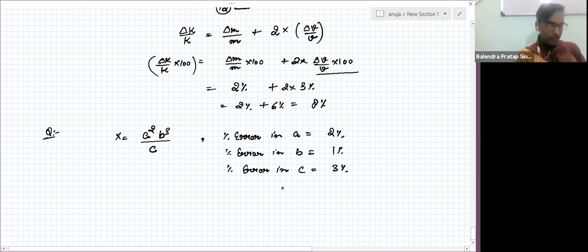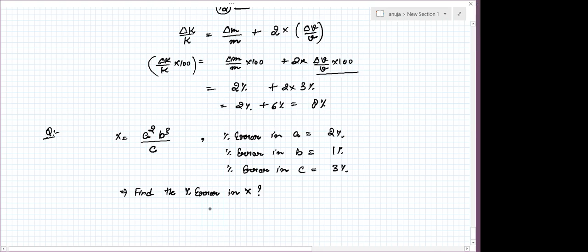Now you have to find the percentage error in x. Can you solve it? Try to solve it. Yes, sir, I'll try. Then I will discuss.